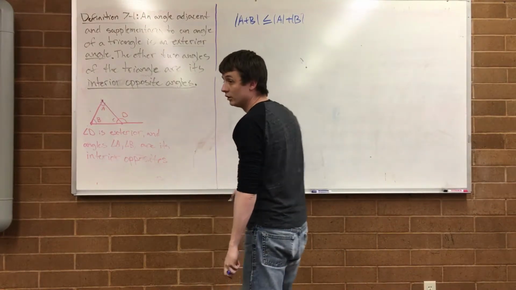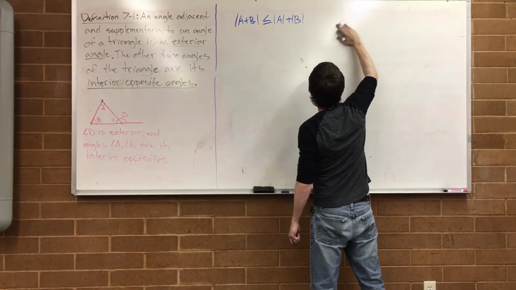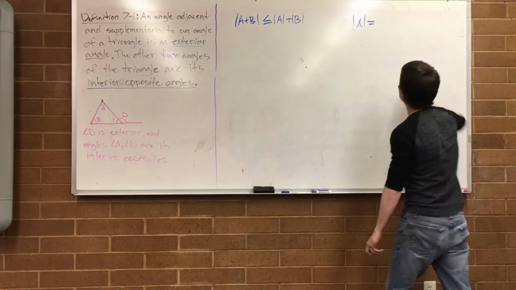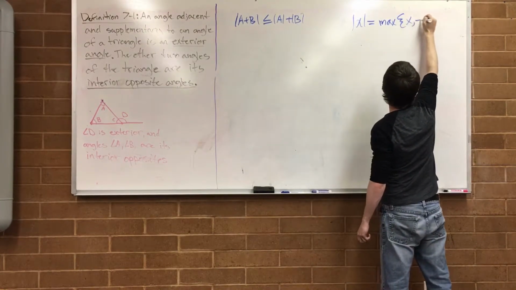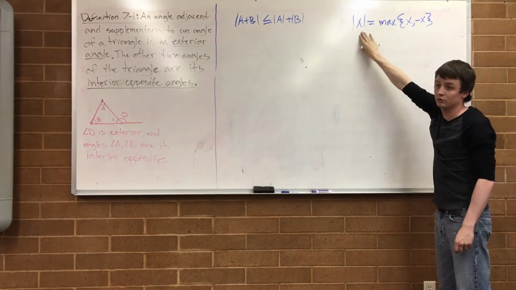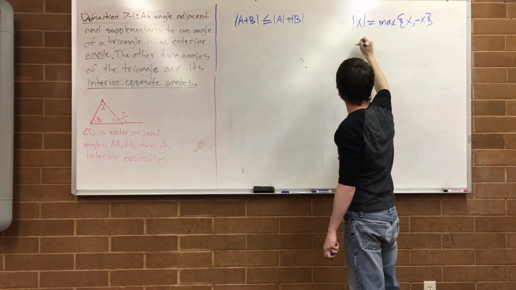Let's remember, what do we mean by the absolute value of x? What's its actual definition? It is the max of x and negative x. Whichever of those is bigger is what this equals. So in other words, plug negative 2 in there.